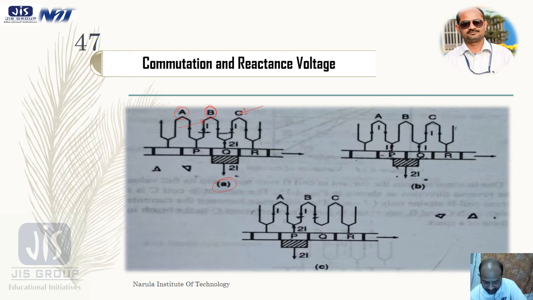Now in the very next moment, the brush will be in contact with commutator segment P as well as commutator segment Q, because of the movement of the machine. This makes coil B short circuited.